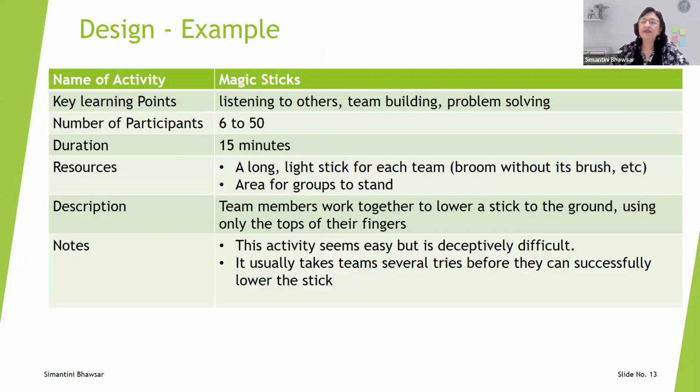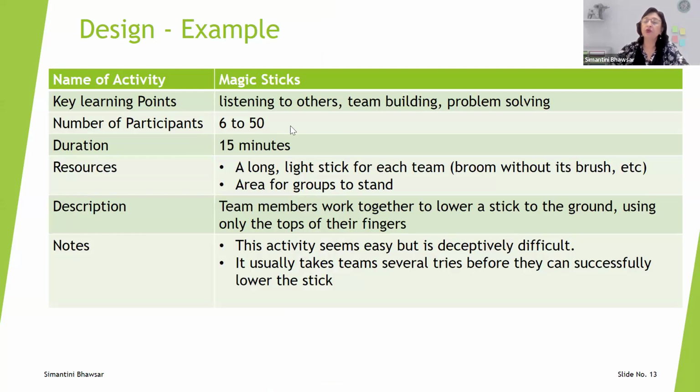So, name of the activity: magic sticks. Key learning points: listen to others, team building, problem solving. Number of participants range is 6 to 50. You can take it anytime. Resources: a long light stick for each team, a broom without its brush, etc., and an area for groups to stand.